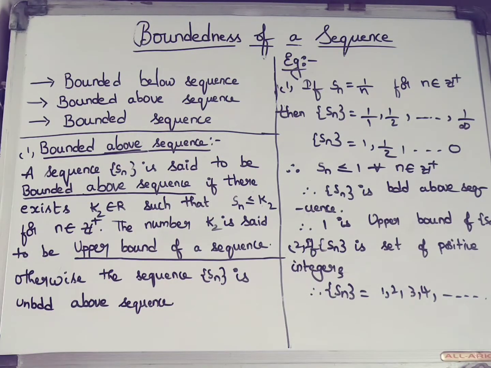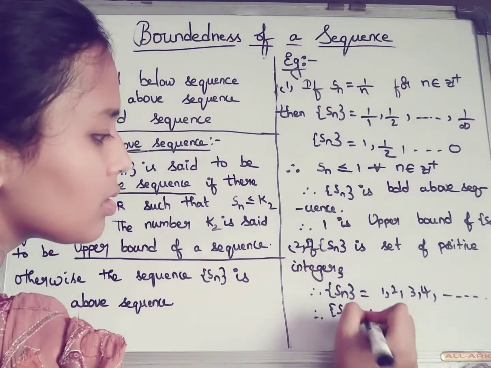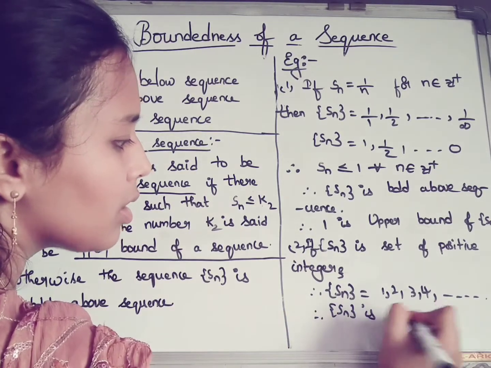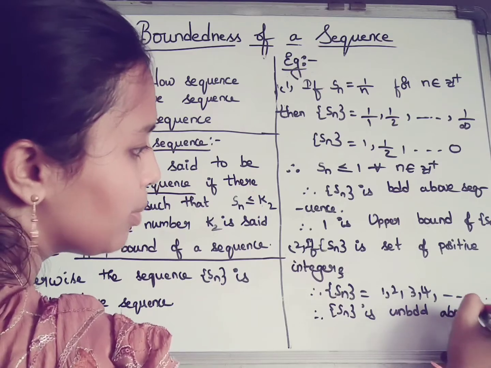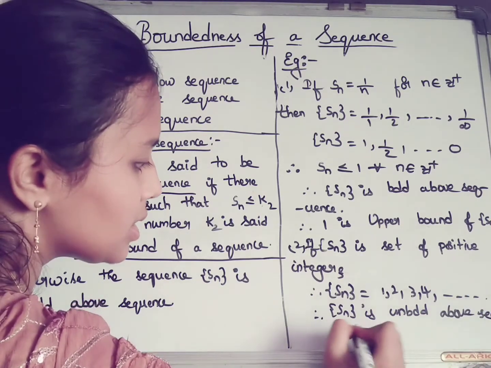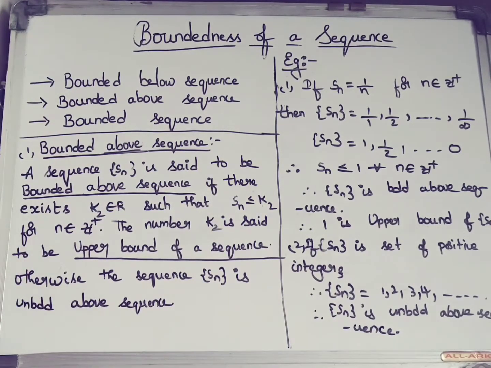So there is no chance to find a greatest number. Therefore, the sequence Sn is an unbounded above sequence. Okay, these are the examples for bounded above and unbounded above sequences. Next, bounded sequence.